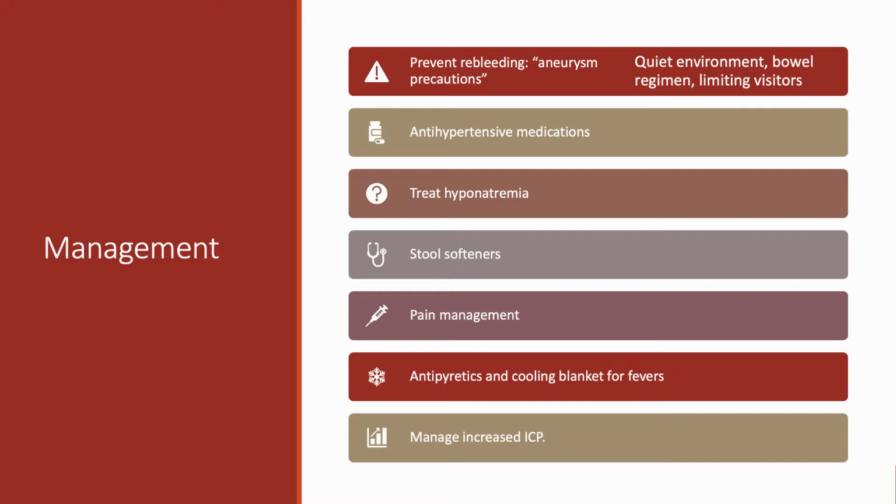We have to prevent hyponatremia. In fact, we want to use hypernatremia oftentimes so that we can pull out some of the extra interstitial fluid that's becoming edematous there. Again, all aimed at trying to reduce the intracranial pressures. Stool softeners, pain management, etc.